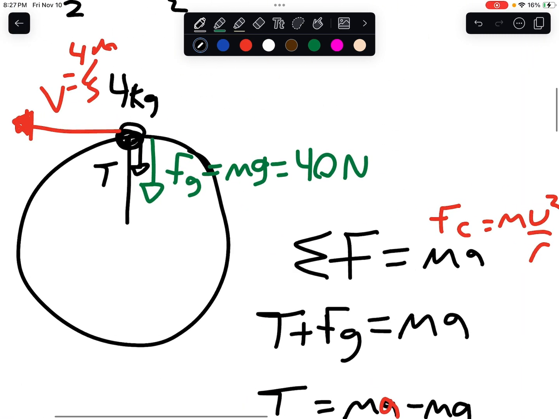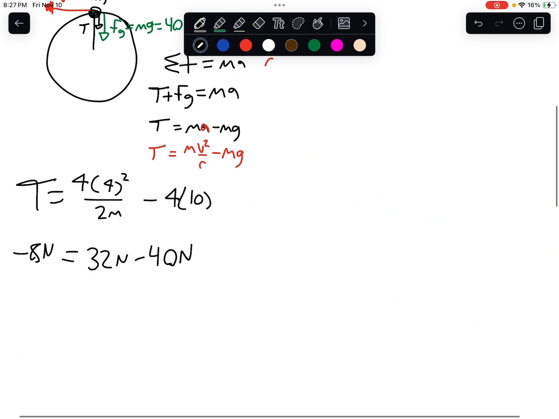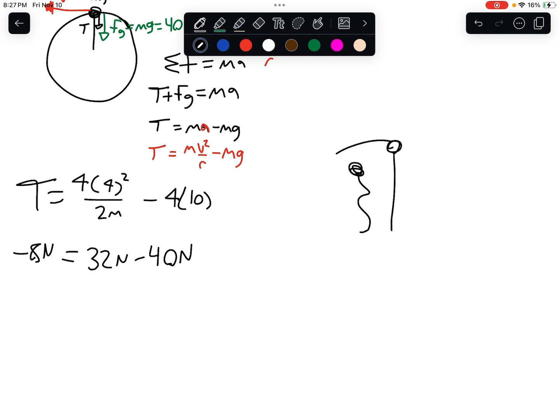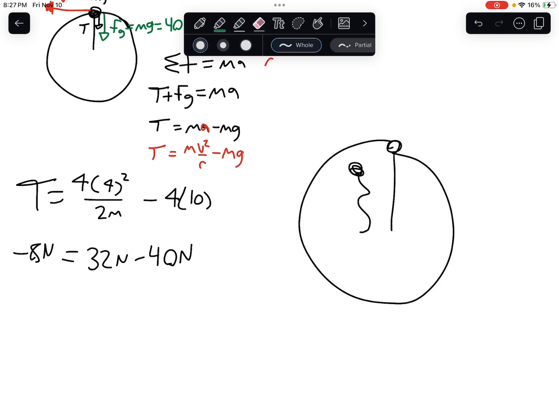So what would actually happen here? Conceptually, you should be able to understand this. If the tension is a negative number, what does that mean? It must mean that this object is falling down, right? Because imagine a rope. If the rope becomes wiggly, your ball is not going to be running in this perfect circle that it would be if the rope had tension.